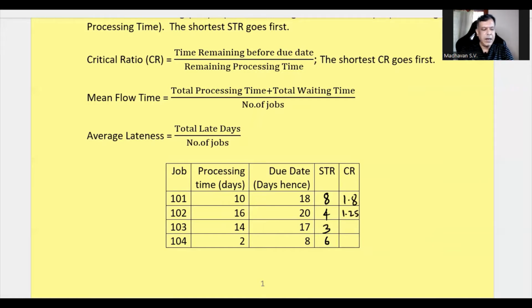Then 17 divided by 14 for the third job, which gives 1.214, or we can consider 1.21. And then 8 by 2, which is 4. So we have calculated the slack time remaining and the critical ratio here.